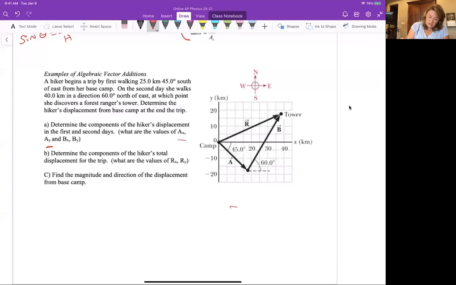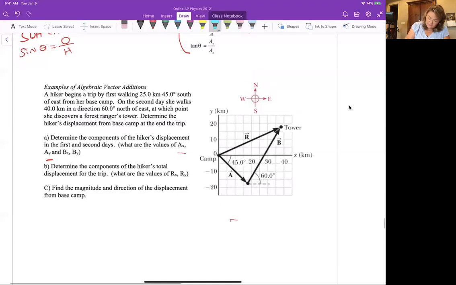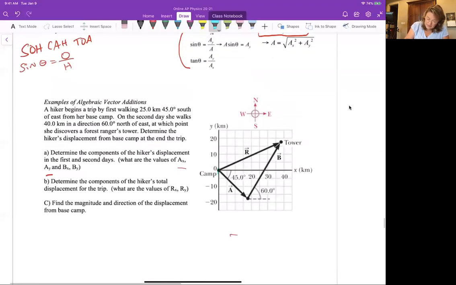Now, let's just look at this graphically. So here's where she starts at camp. She walks at an angle of 45 degrees south of east. So here's my 45 degrees south of east. And A is equal to 25 kilometers at 45 degrees south of east.